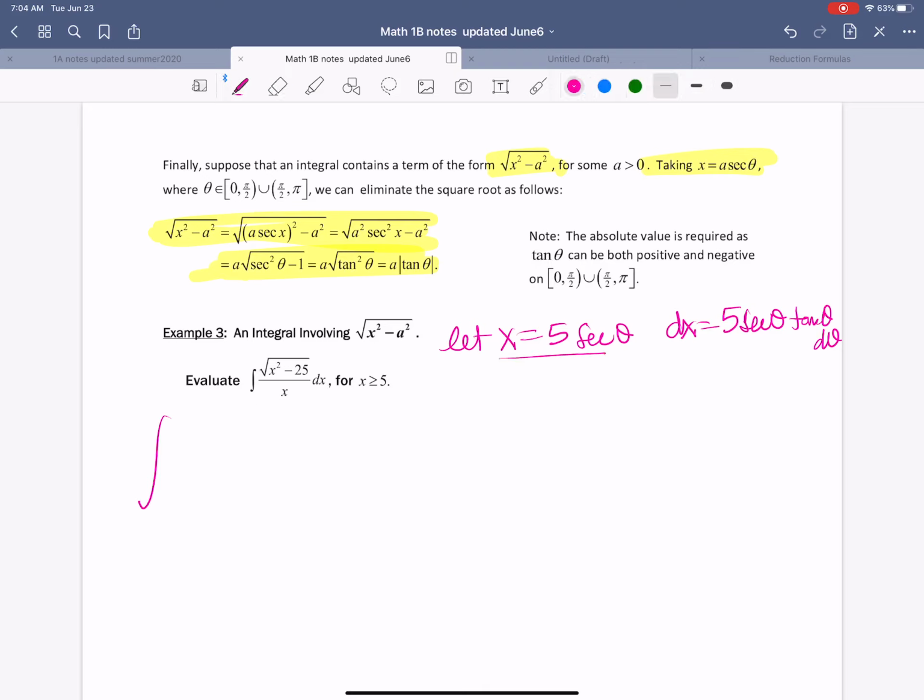So when I plug x as 5 and I square it, I would have 25 secant squared theta minus 25. In the denominator, I would have 5 secant theta, and the dx turns into 5 secant theta tangent theta d theta. A little bit of simplification, I have a square root of 25.